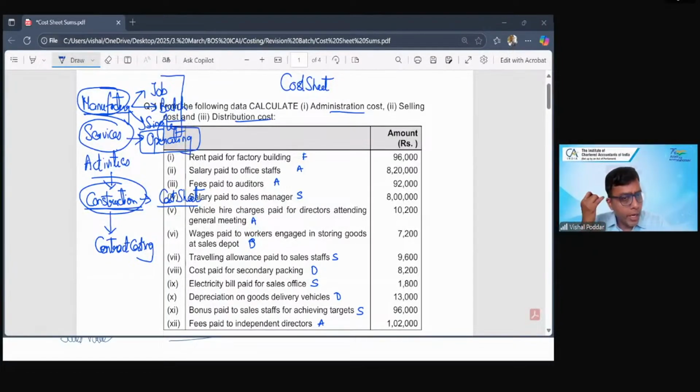Sir, isn't secondary packing a separate category? No, beta. What is category? If you're saying it is a separate category, Shifimol, tell me what you will categorize it under. Which special category? See, we have production. What we can further bifurcate is research and development. Then you have administration, which we can further bifurcate into administration for production and administration for general.